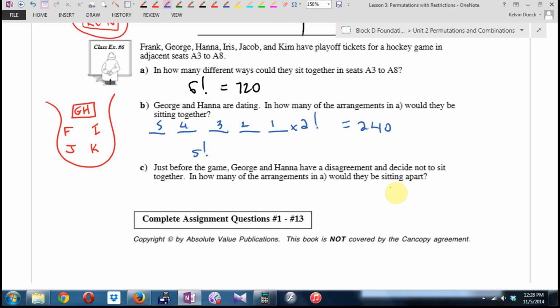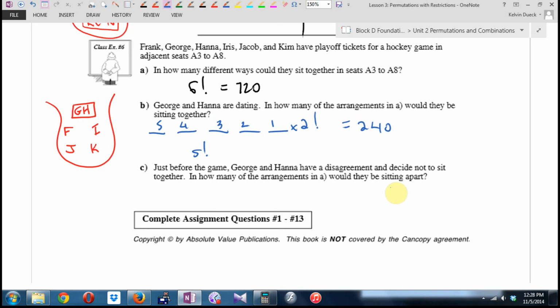Ready? What did I find in part A? What did we find in part A? In English. Total number of seating arrangements. What did I find in part B? In English. Total amount of seating arrangements where George and Hannah sat together. If they sit next to each other, how can I use A and B to figure out how many ways they don't sit next to each other? Subtract.